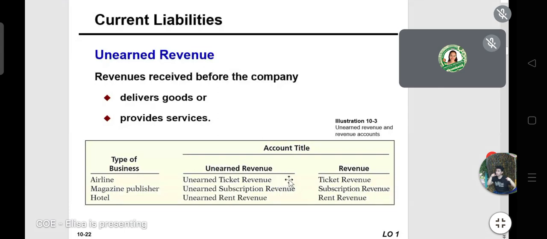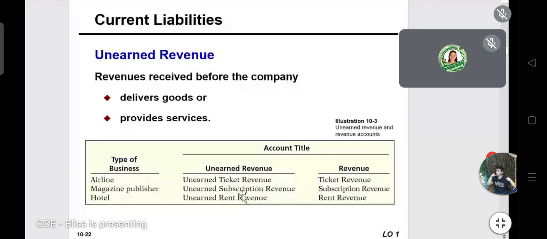So by the time you pay for your ticket, it will always be booked as unearned ticket revenue. Or if you subscribe to a magazine, it will always be booked, once cash is received, as unearned subscription revenue.